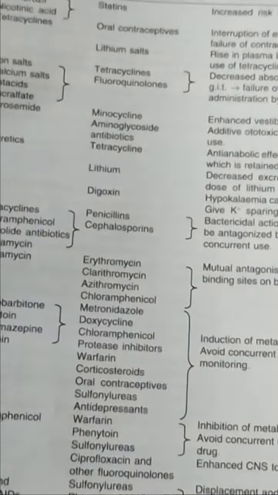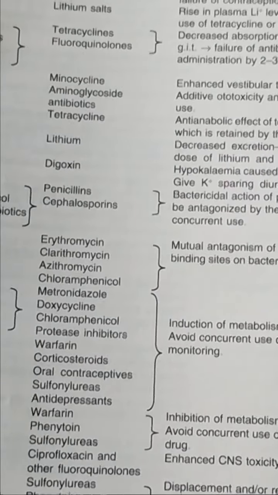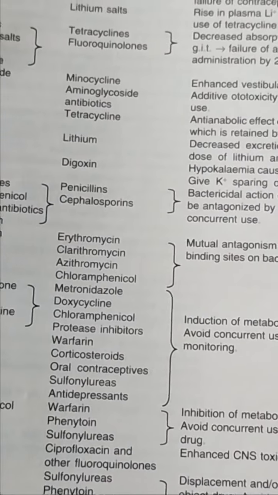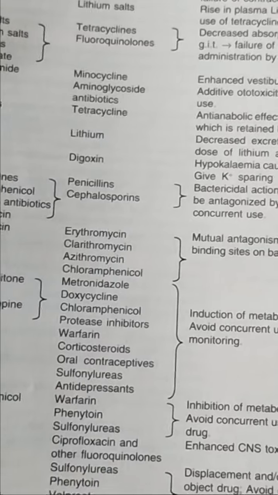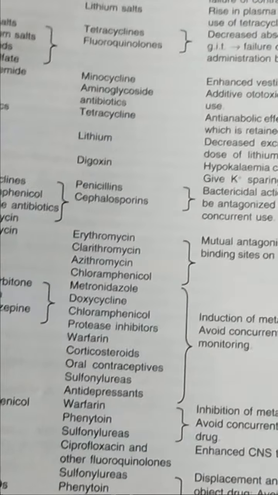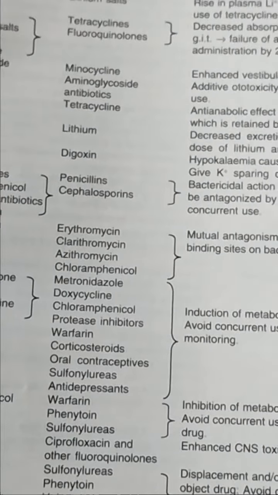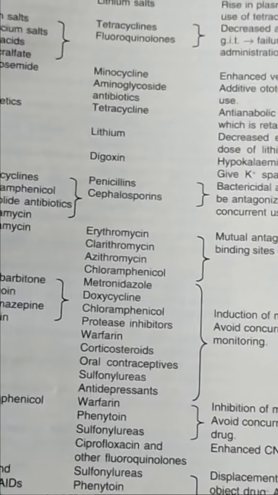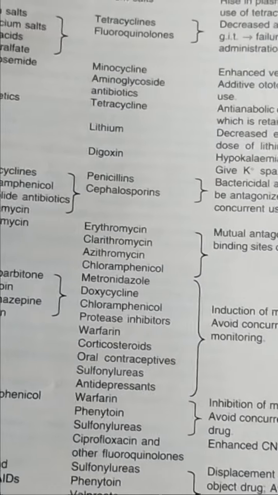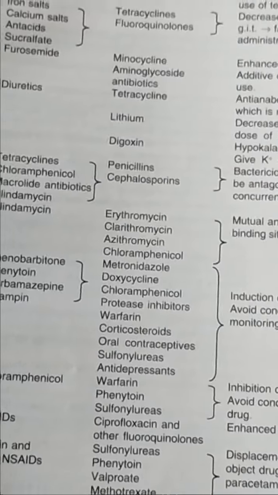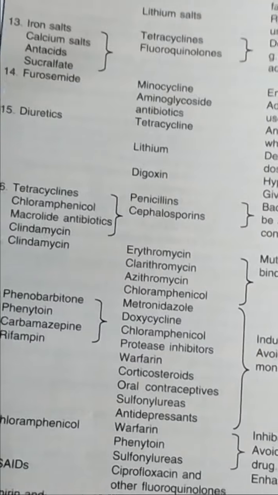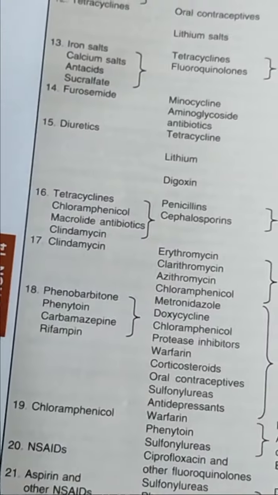And iron salts, calcium, antacids in combination with tetracyclines cause formation of complexes, so absorption will be decreased in the gastrointestinal tract. Furosemide with aminoglycosides, if taken at a time, enhances vestibular toxicity.